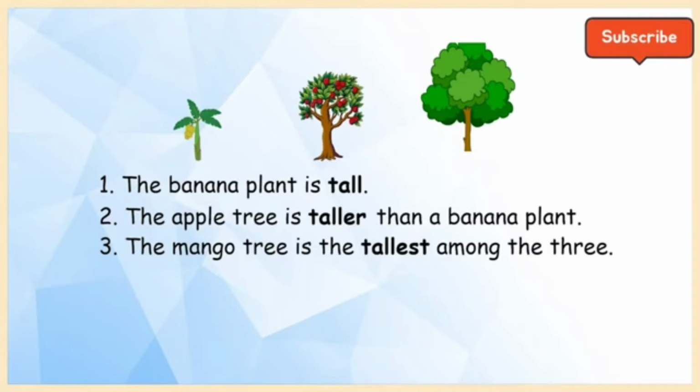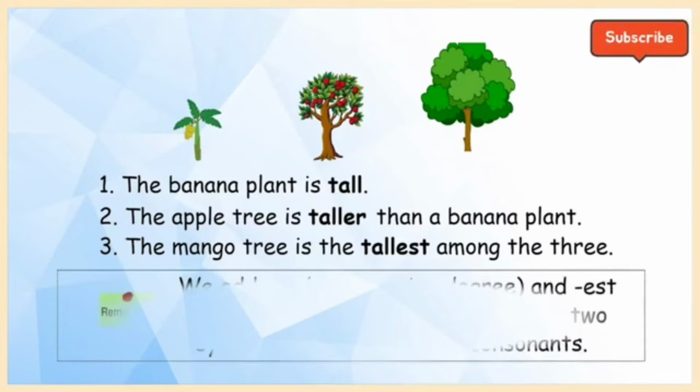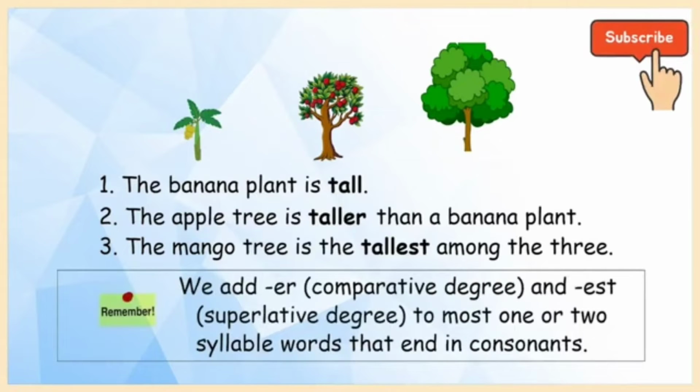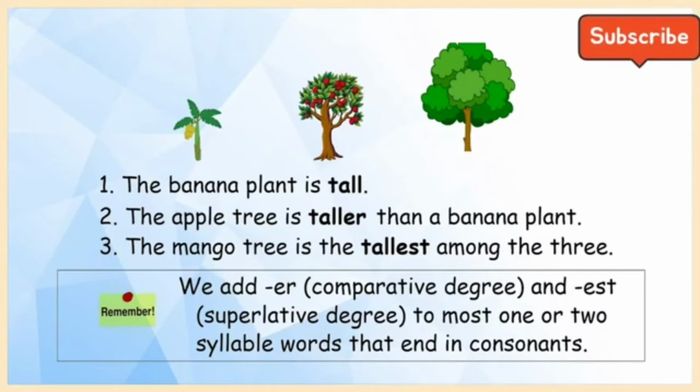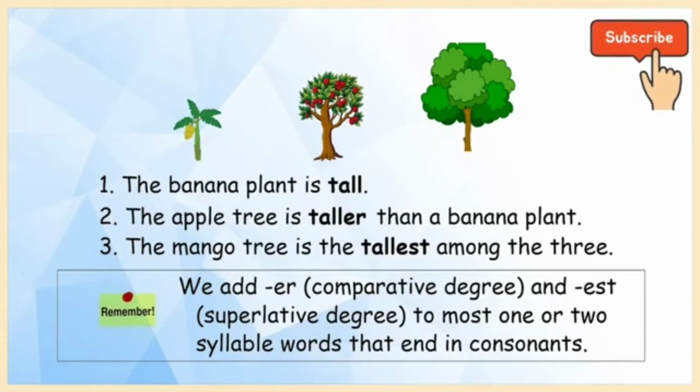In sentence 3, which is superlative degree, what is added to the word tall? We add er for comparative degree and est for superlative degree to most one or two-syllable words that end in consonants.